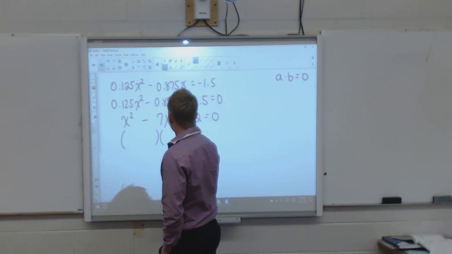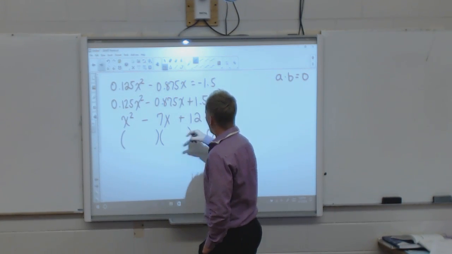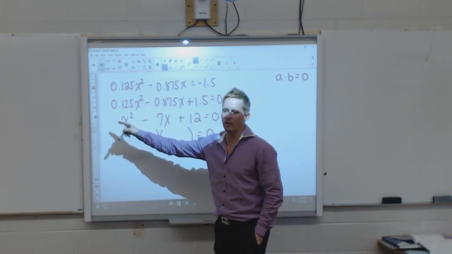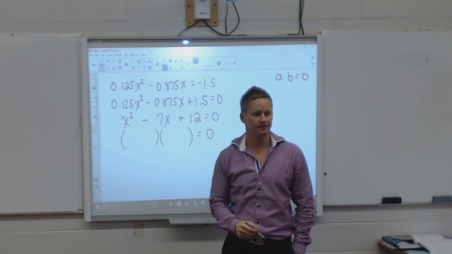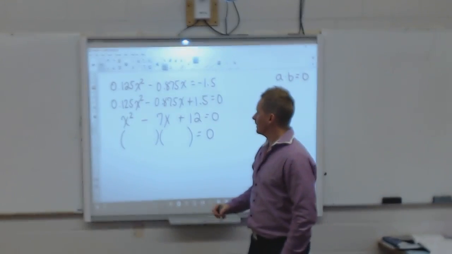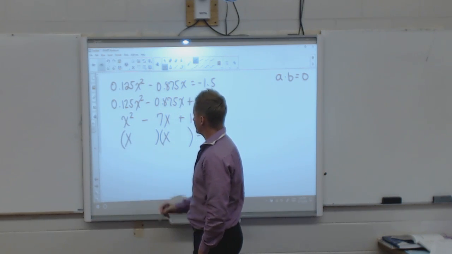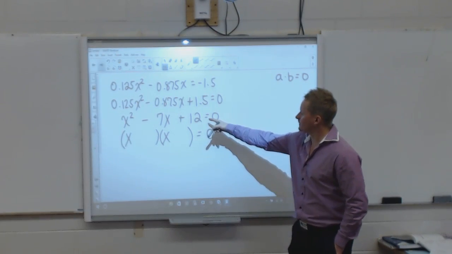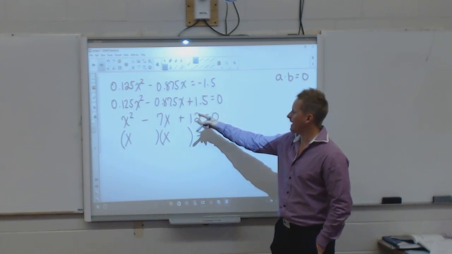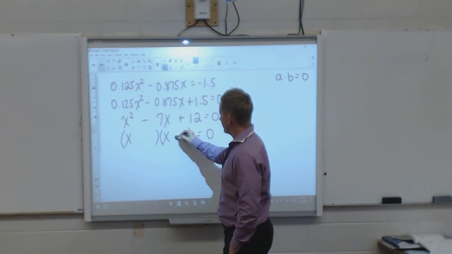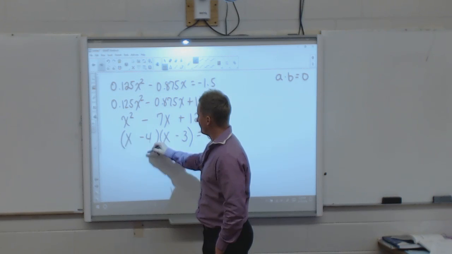When I have a 1 in front of the x squared, what are the factors of x squared? x and x. What are the factors of 12 that add to give me 7? 3 and 4. So I need a negative 3 and a negative 4.